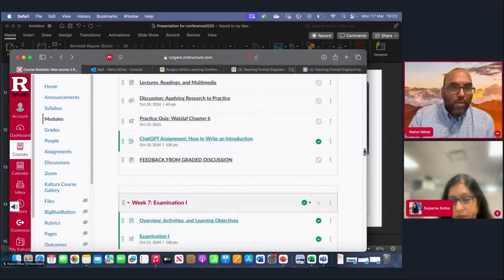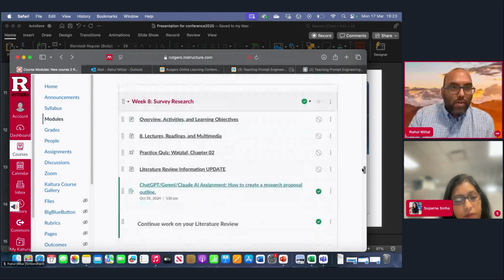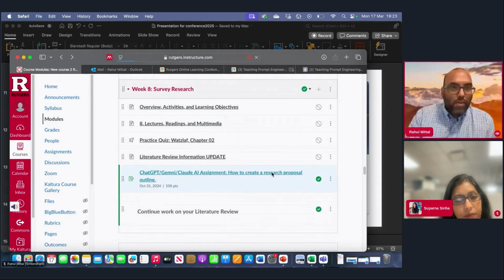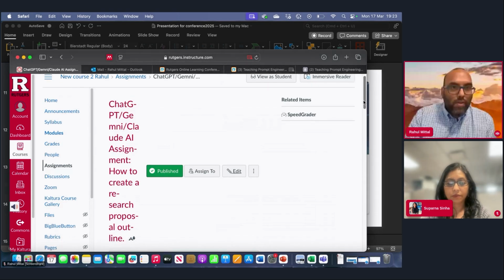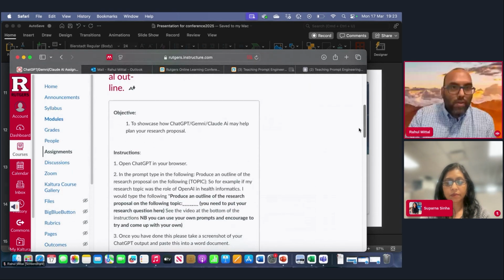We also asked them to use the large language model to create a research proposal and an outline of what the rest of the mini literature review would include. This gave them a breakdown of what each paragraph could include. But as I mentioned previously, part of the marks was they had to upload their outputs at all times.